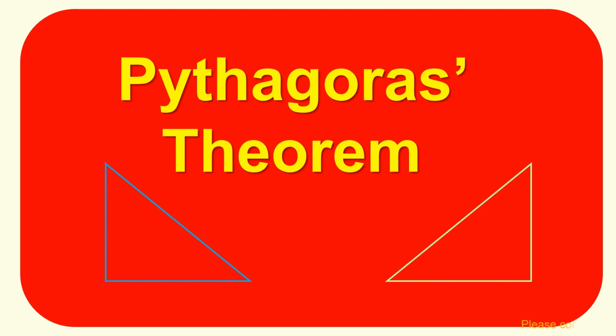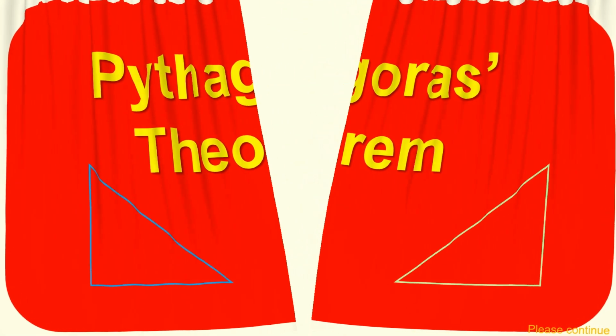Pythagoras' theorem. Draw a triangle with 3 sides as 3, 4, and 5.